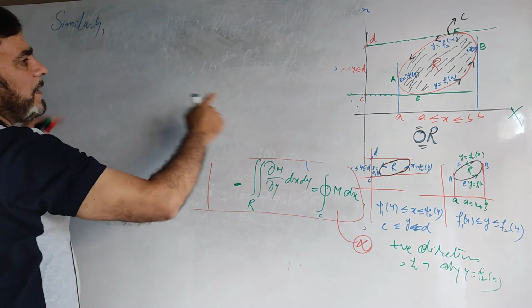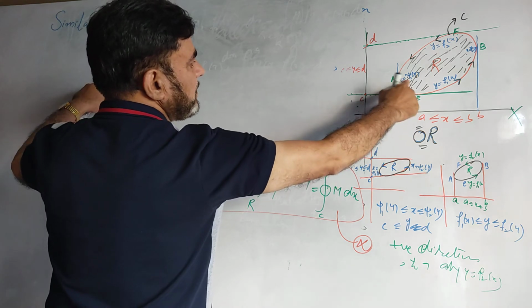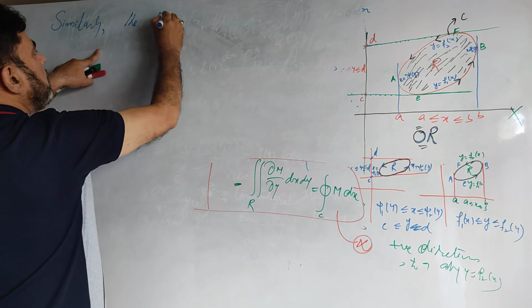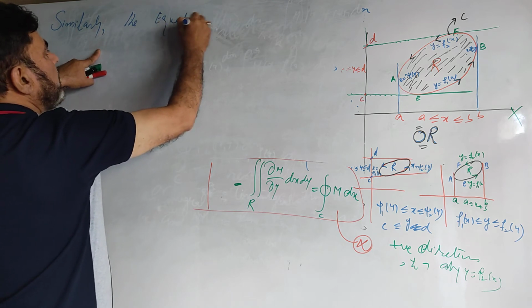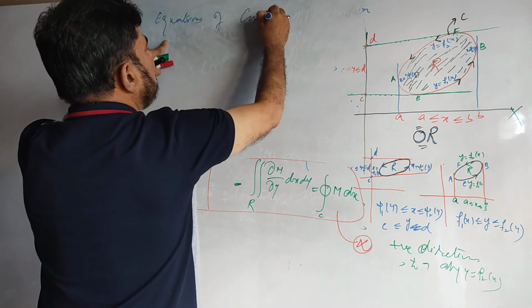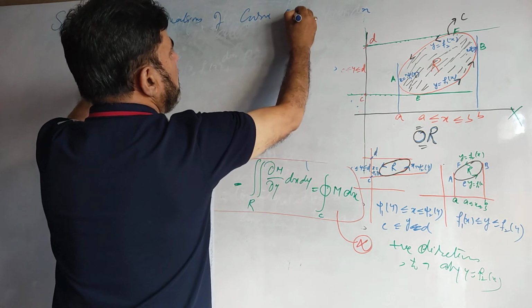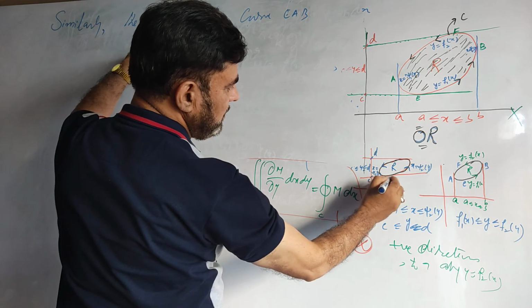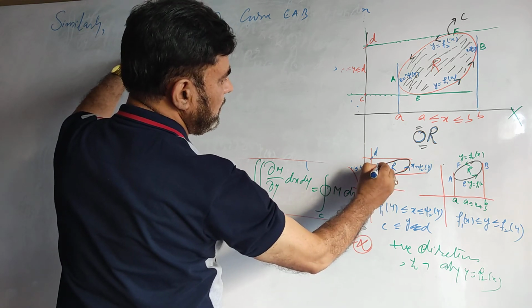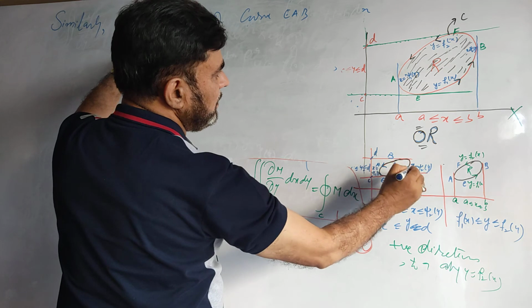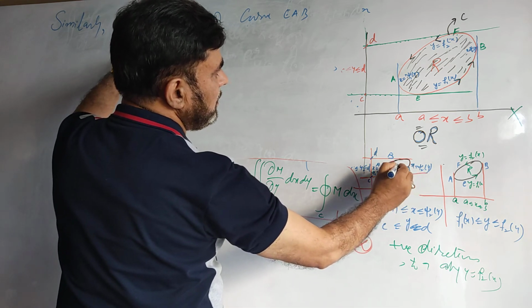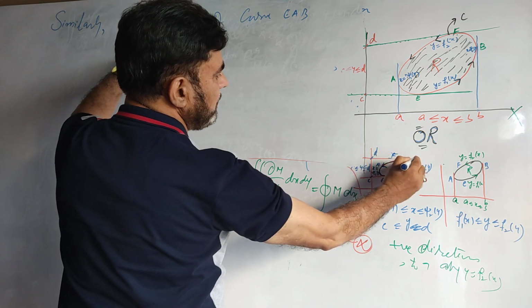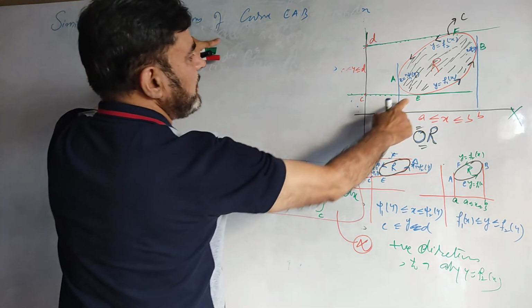We come from this curve representing EAB. Here it is also given, EAB. This is your EAF, sorry, it is F here, not B. Equation of curves EAF.